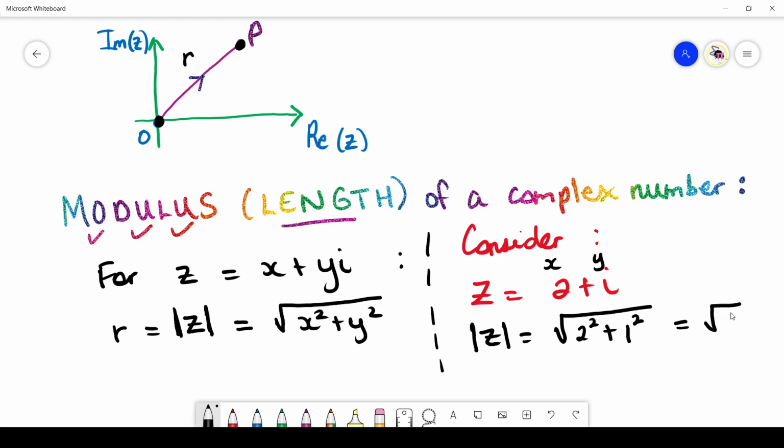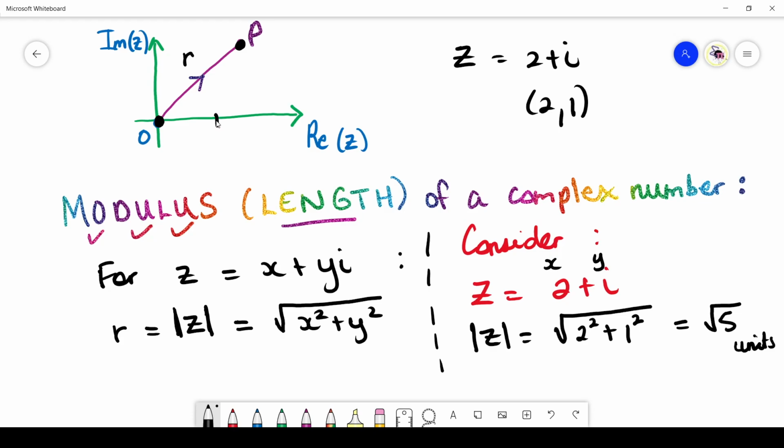And that's just simply going to give you the square root of 5. And I would also probably throw it in there that you can add the word units, because it is a length after all. So if our complex number were z equal 2 plus i, first of all, if you were wondering what to plot to represent this, you would plot positive 2 with 1.